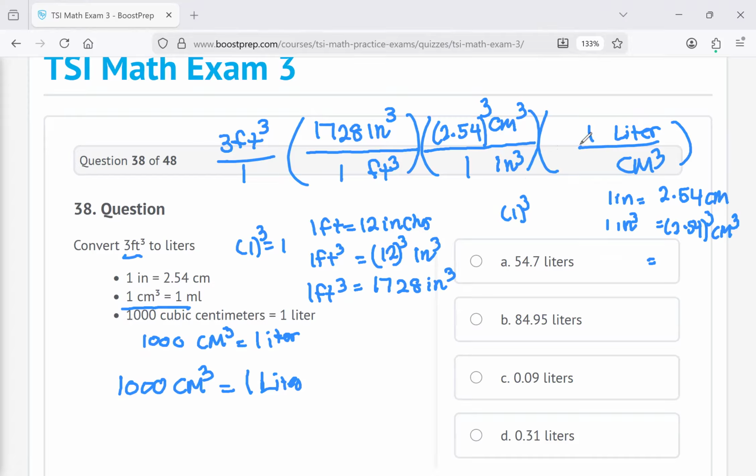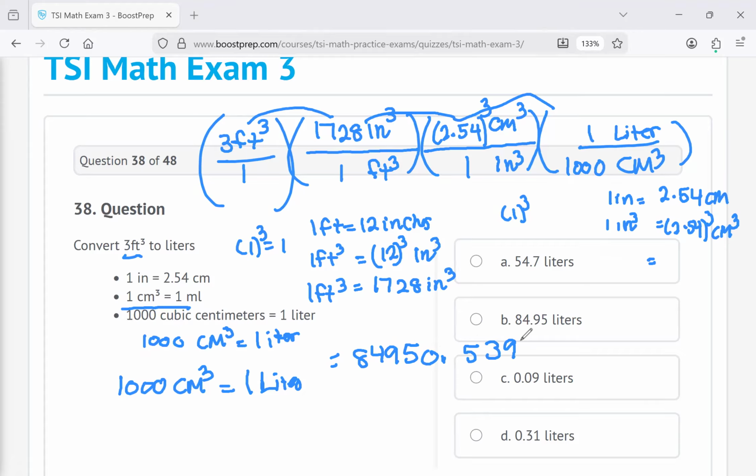So for 1 liter, there's 1,000 centimeters cubed. Then just multiply it out across: 3 times 1728 times 2.54 cubed times 1, and put that in the calculator. That's 84,950.53978.